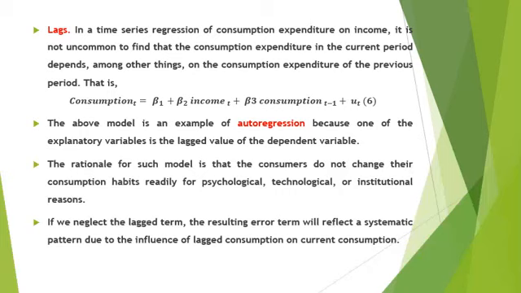That is, consumption of this period is equal to beta 1 plus beta 2 into income of this period plus beta 3 into consumption of last period plus an error term. This model is an example of an autoregression or AR model, because one of the explanatory variables is the lagged value of the dependent variable. You can see here that consumption is the dependent variable and its lagged value becomes the independent or explanatory variable. Why do we use such models?